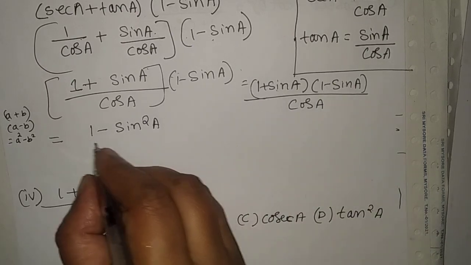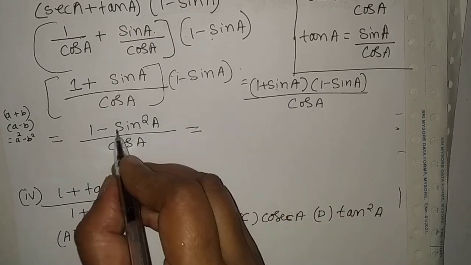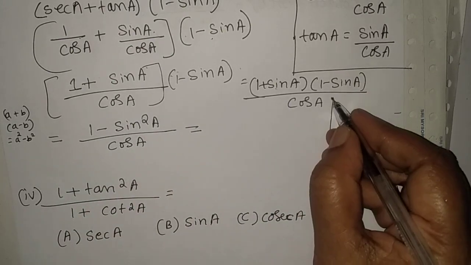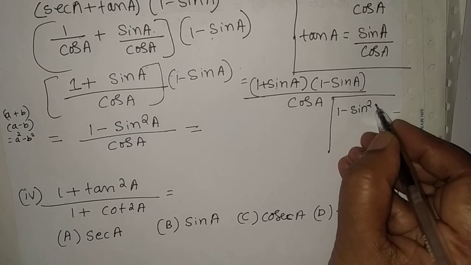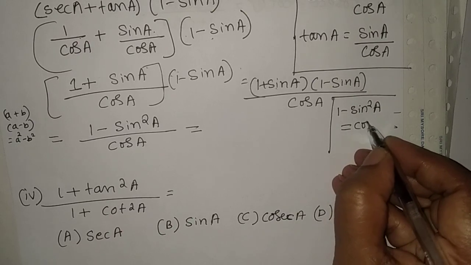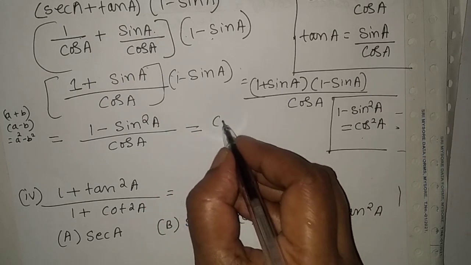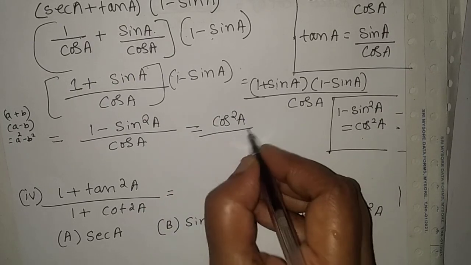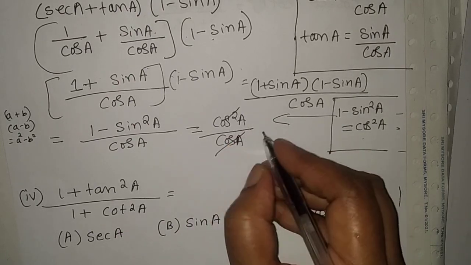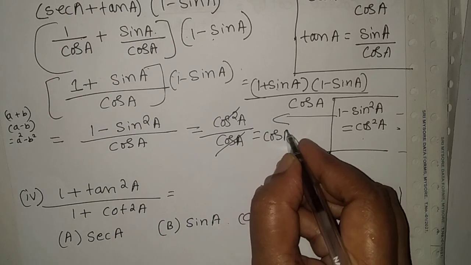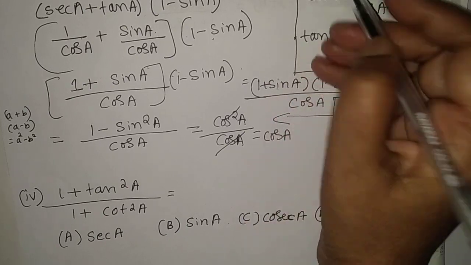Then a square minus b square by cos A, so 1 minus sin square A is equal to cos square A. Substitute this: cos square A by cos A. Then cancel one cos, and finally we get cos A. So what is the option? Option D is the correct answer.